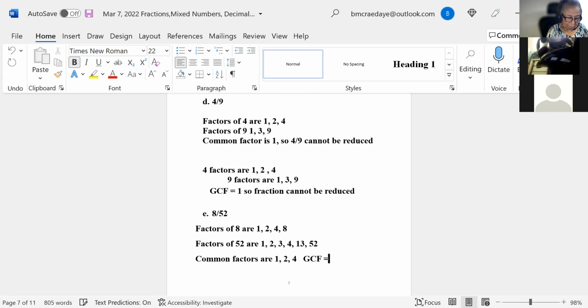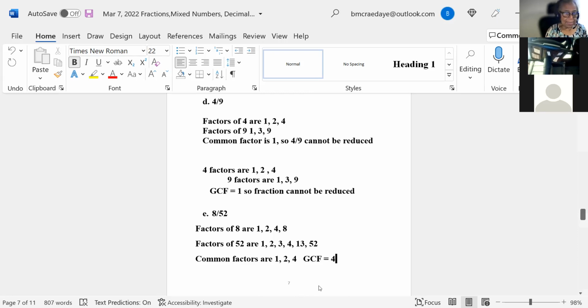Those are factors that are common to both lists, the factors of 8 and the factors of 52. Now, what is greater, 1, 2, or 4? 4. So that's our greatest common factor.